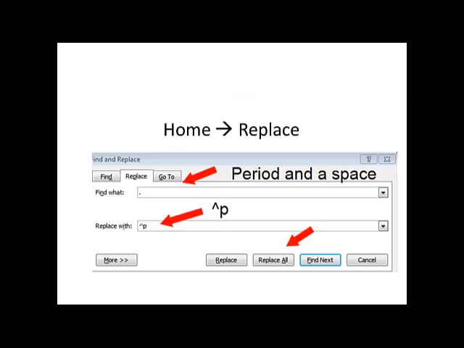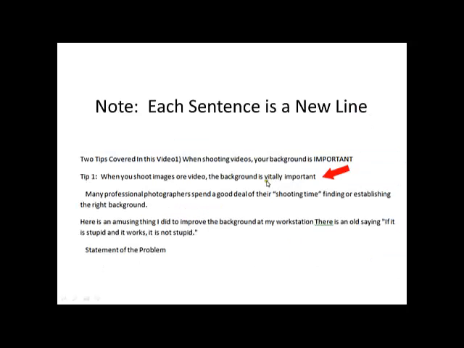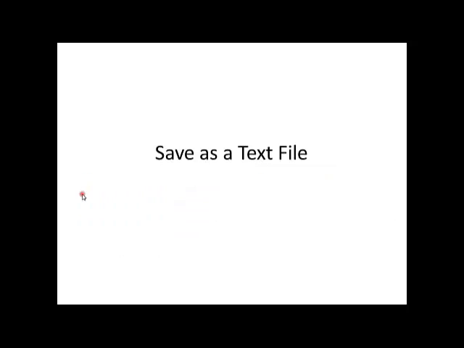So I go to search and replace, and I'm going to find a period and a space, and replace it with a caret and lowercase p, and replace all. And you notice that where before I had a period and a space, now I have a new line. Each sentence has been turned into a line all by itself.